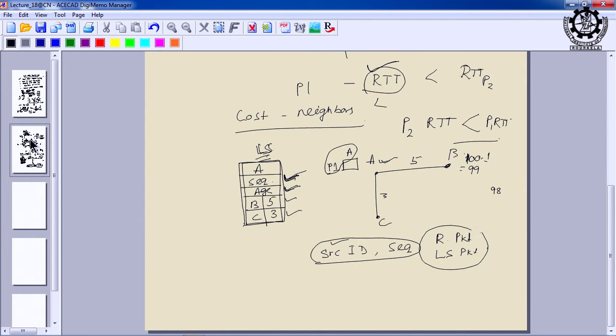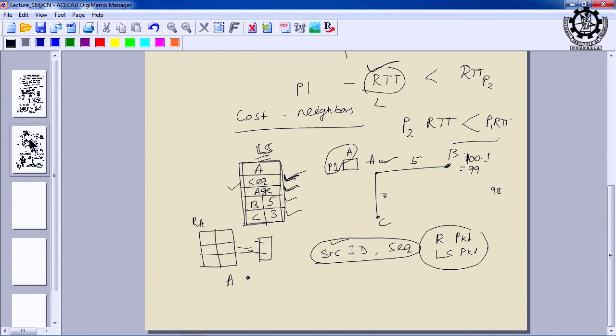The link state packet contains the information about the neighbors. The routing packet is the packet that contains the data, right? And if the link state packet comes to a node, let us say node A, it has its own routing table of A. When it receives the link state packets, it uses them to update its information.